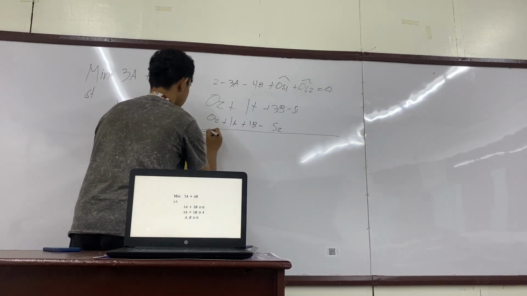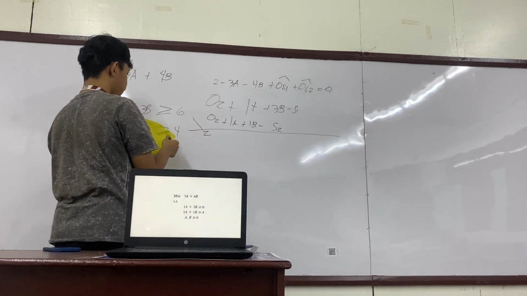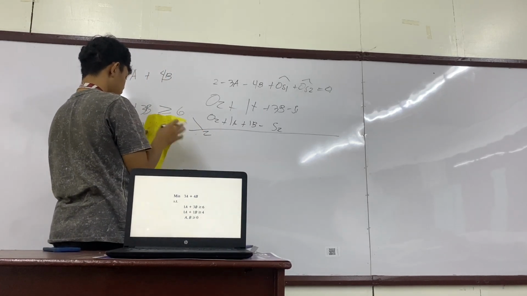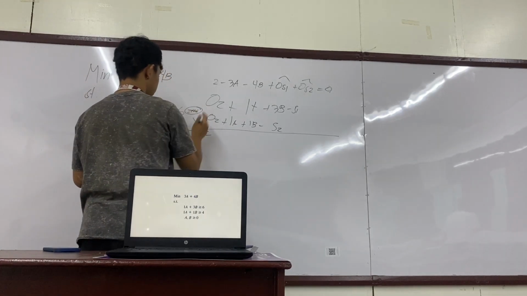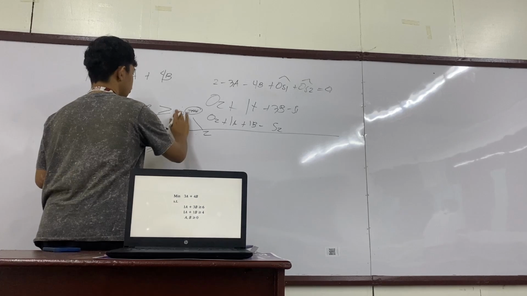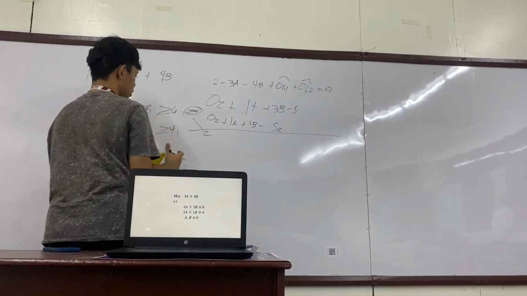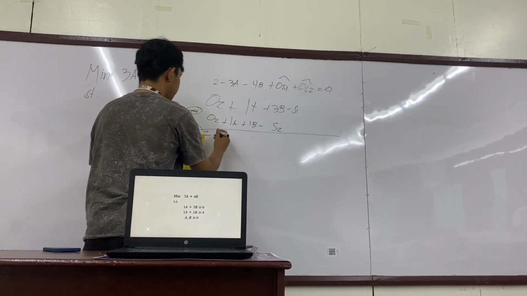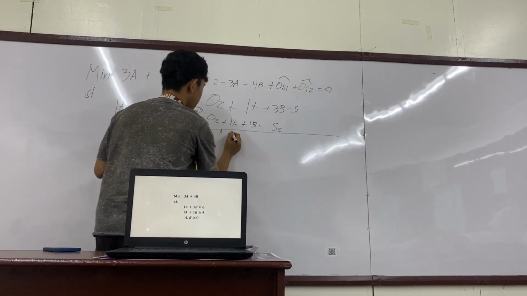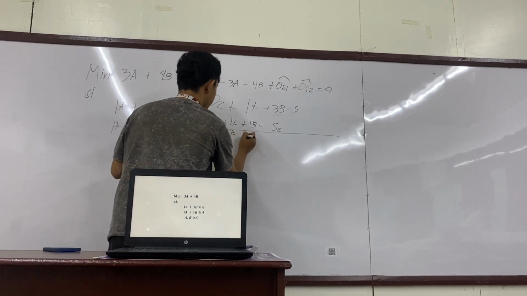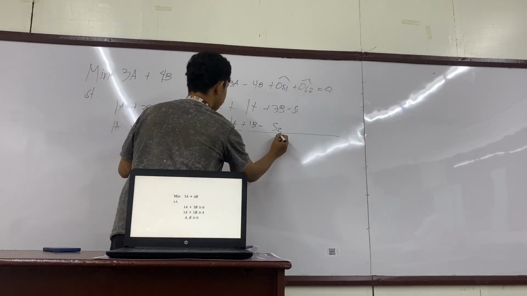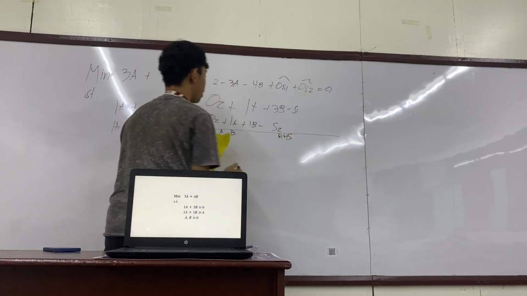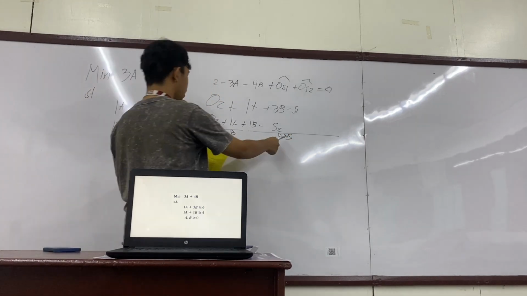So Z, this is a Z, 0. Then followed by the A, B, S1, S2 and the RHS, which is the right hand side.